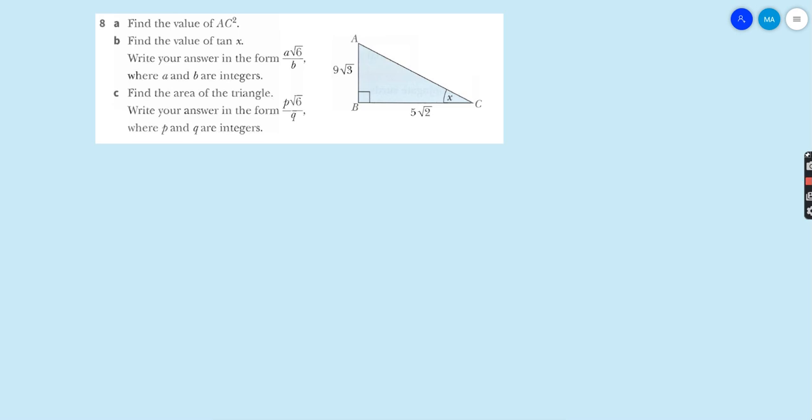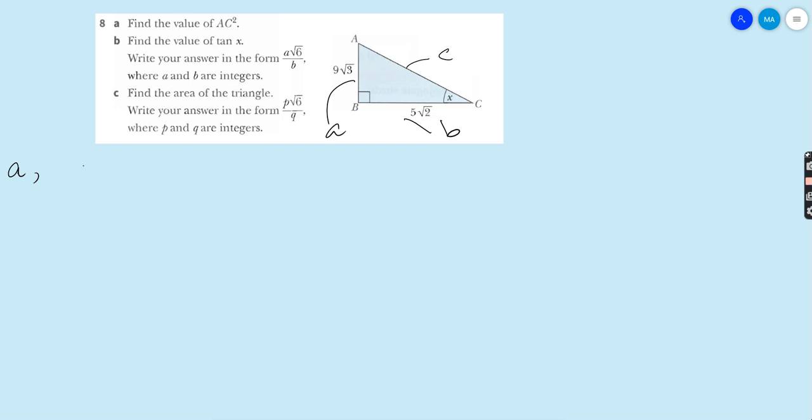This is question number 8. Very easy question. Part A: find the value of AC square. So student, as you know, this is a right angle triangle, so in a right angle triangle you can apply the Pythagoras theorem. This side is the hypotenuse called C. This side is the base, and this side is the perpendicular.